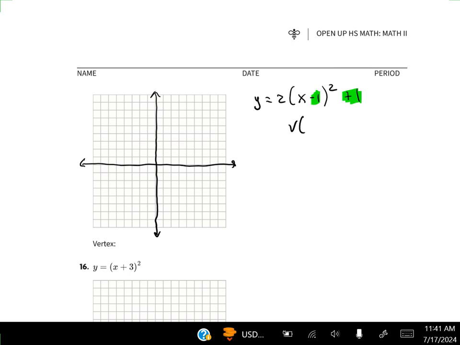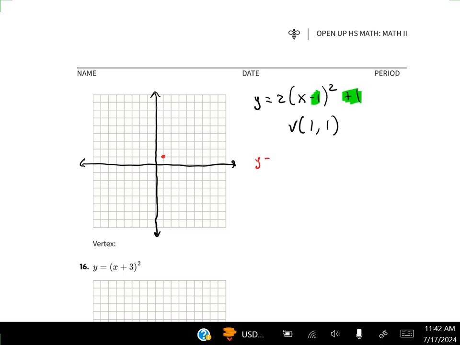So your h is 1 and your k is 1. So our vertex is at (1, 1). Plot the point (1, 1). Okay, and it's going to be opening up because the 2 is positive, which means we have no x-intercepts here. So we're going to need to find the y-intercept and the point symmetric to the y-intercept.